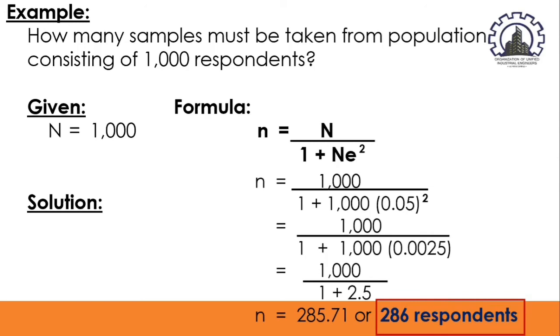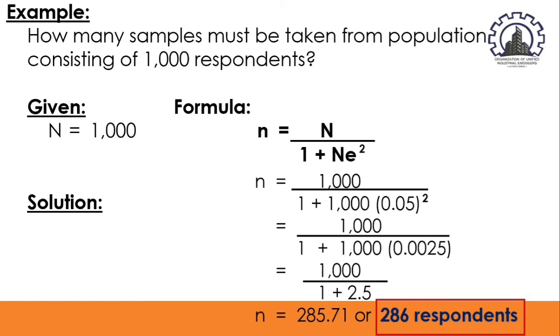Now, remember that our only given information is your population, right? You have 1,000 respondents. And so we will be using our formula to calculate the total number of our respondents. Our formula is n equals capital N over 1 plus N e raised to the power of 2.